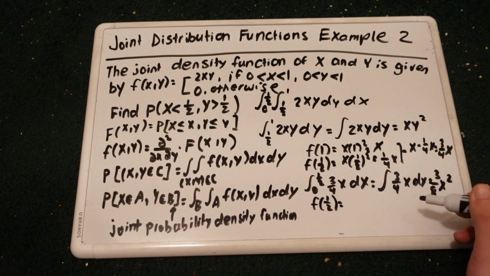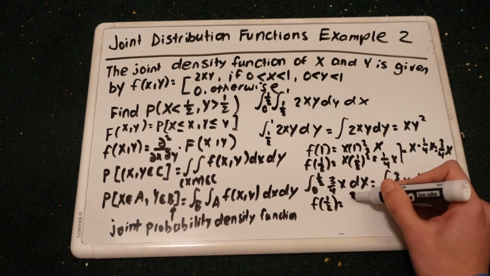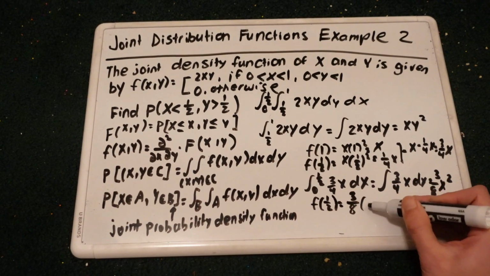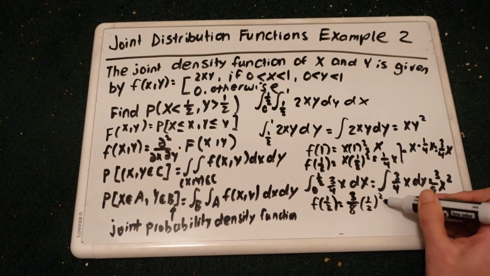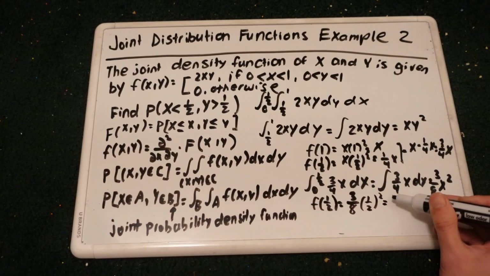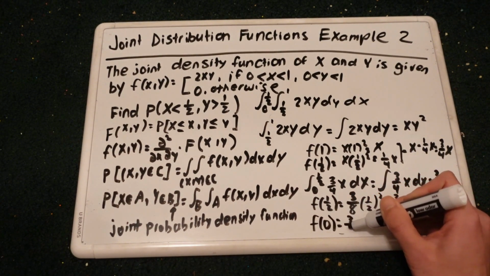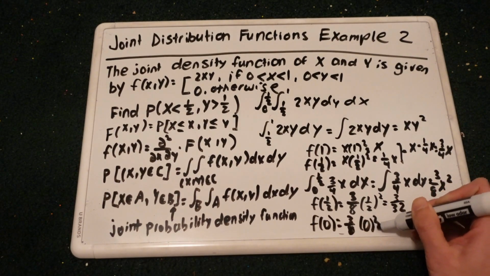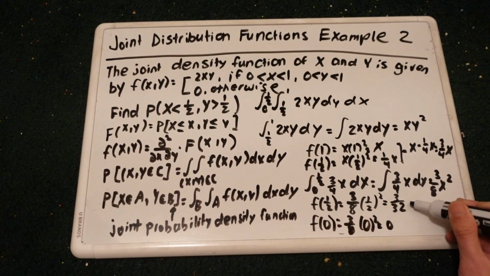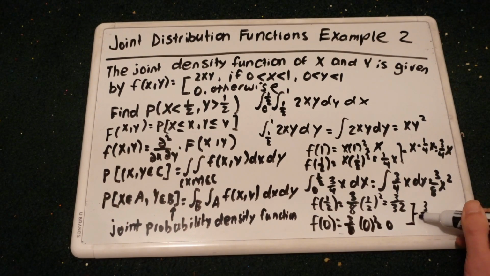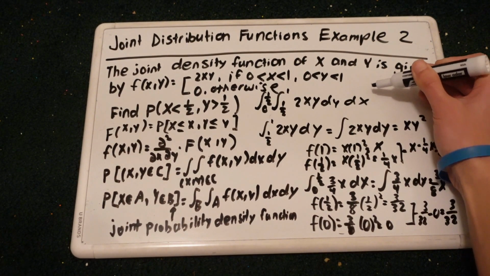And plugging in 1/2, we get a half times a half is 1/4, so that would be 3 over 32. And plugging in 0 is obviously just 0. And subtracting these, we would get 3 over 32.